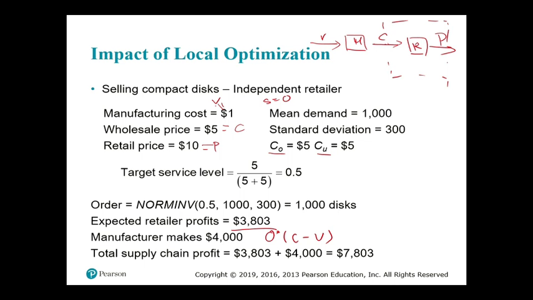So if there is inventory overage, then this retailer is going to incur a lot of cost. So basically, in the natural case where the supply chain is not integrated, all the inventory risk is borne by who? The retailer.